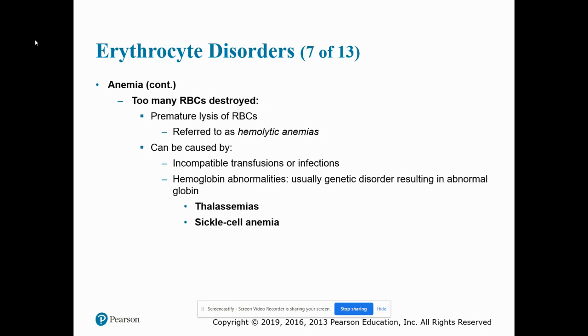And then finally, we have too many red blood cells being destroyed. This could be caused by the premature lysis of red blood cells, referred to as hemolytic anemias. And this can be caused by incompatible transfusions or infections or hemoglobin abnormalities, which is usually a genetic disorder resulting in abnormal globin. The examples we have here are thalassemias and sickle cell anemia.